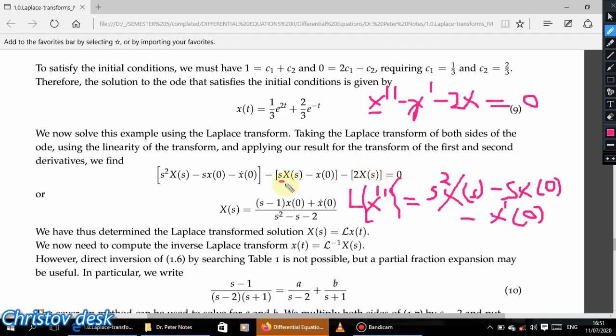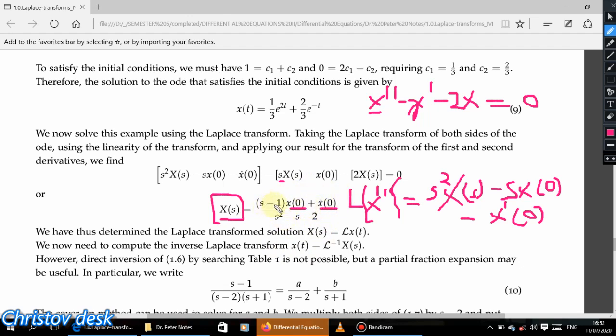Isn't it? So you just take the Laplace of everything like that. And your motive is to try to make capital X of s the subject. So making capital X of s the subject gives you something like that. But remember, in the question, this has been given and this has been given. So to simplify this, you have to know this, guys. So this was given as a 1, this was given as a 0.